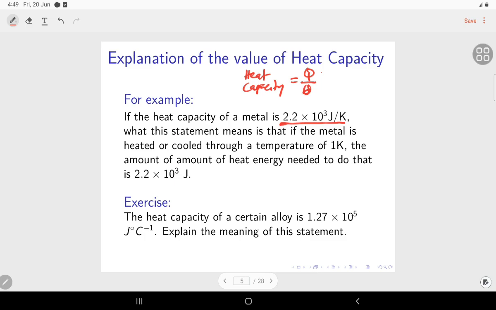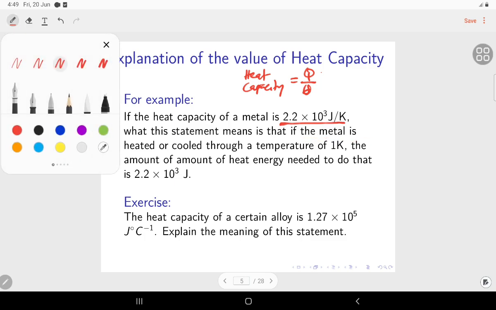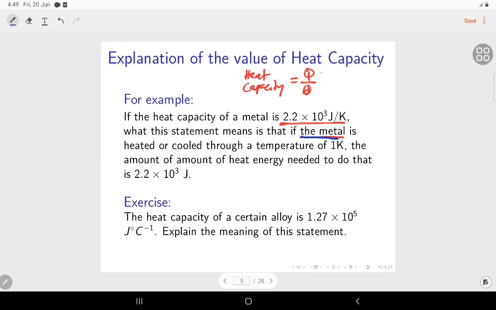It means that if you take the metal, and it changes in temperature, either through heating or cooling, and you heat it or you cool it through this temperature, then the amount of heat you should get is this. That is the meaning.